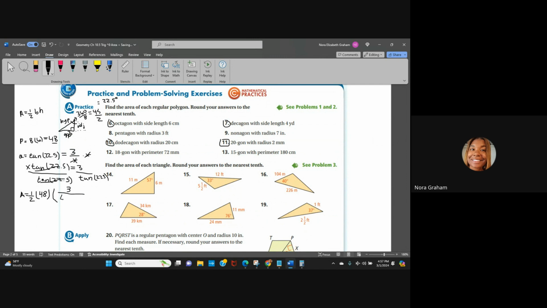Over tan 22.5. So that is our answer, but now I'm going to show you the calculator work for it. Now let's do the calculator work and see what actual area we get.